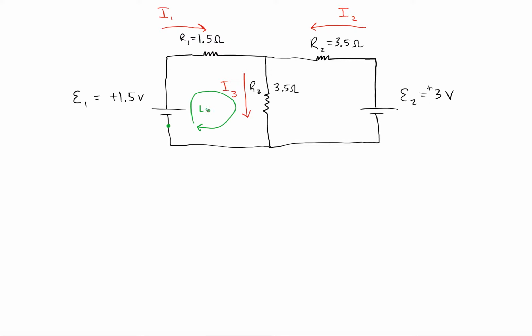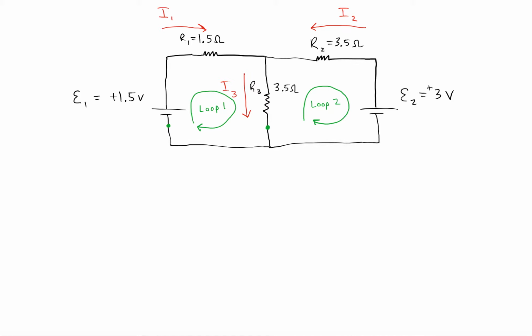I'm going to call that loop 1. And we could do a similar loop for the other side. It doesn't really matter which direction you go, but I'll start here and just go clockwise like I did before, but it doesn't matter.